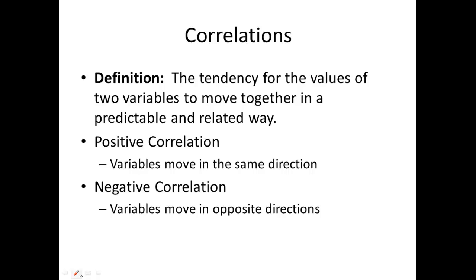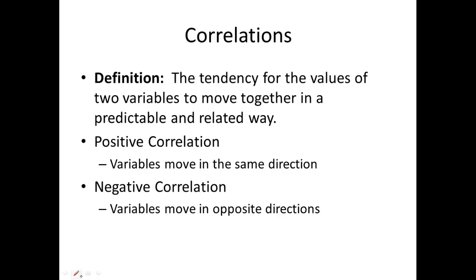So if you have a line along a graph that looks something like that, as the number goes up, it also goes over, right? So as you go up, you also move to the right, which means that both variables, variable 1 and variable 2, are moving in the same direction. That is a positive correlation, and it's predictable.